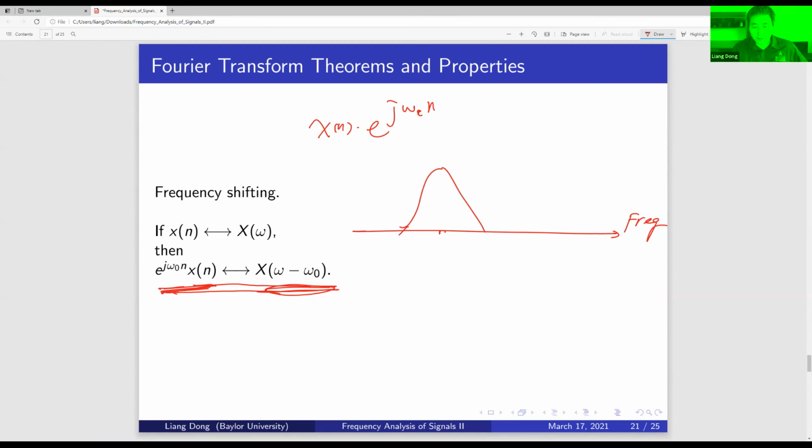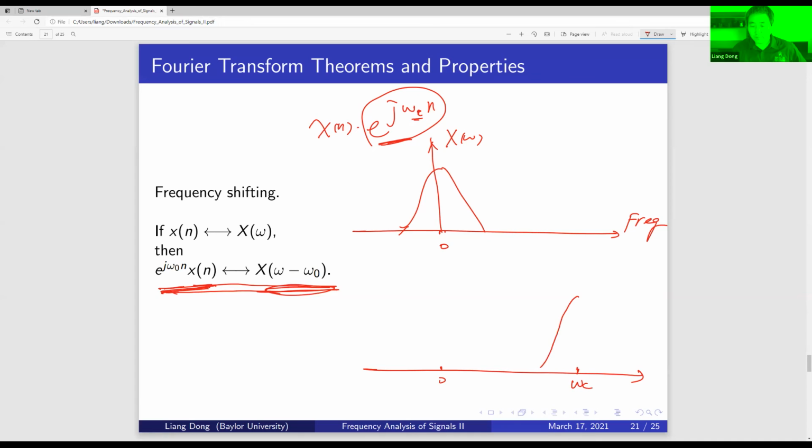So let's say in the frequency domain, originally I got a signal here. This is my X omega. Now you multiply by this term. This is a pure sine wave, a sinusoidal function, right? It's just cosine and sine with only one frequency, omega c. What you have effectively is that you modulate the signal, moving it from 0 to frequency omega c.